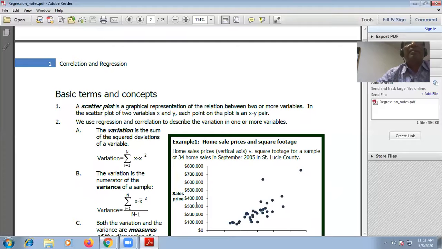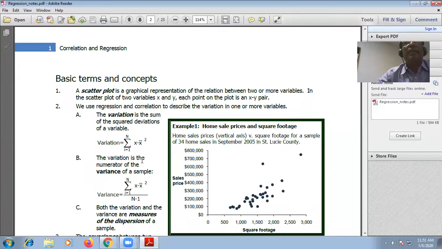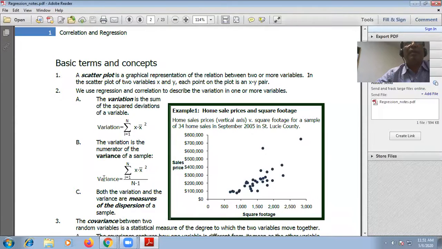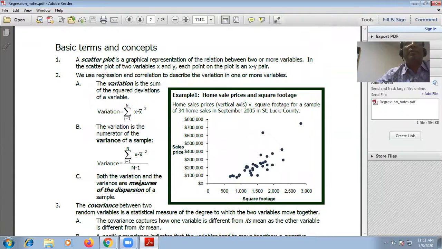The variation is the sum of the squared deviations of the variable. As you know from mean and variance, this is the sum of (x minus x bar) squared. The variation is the numerator of the variance of the sample, and this result is divided by n minus 1.